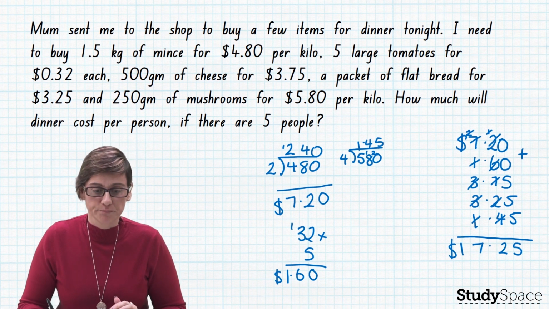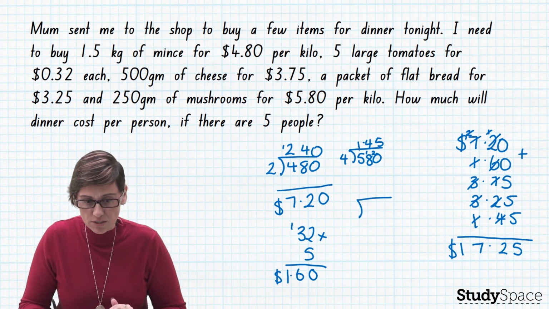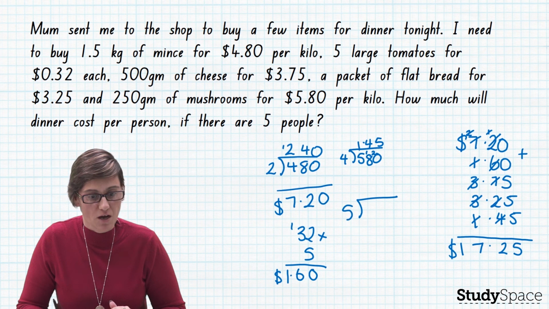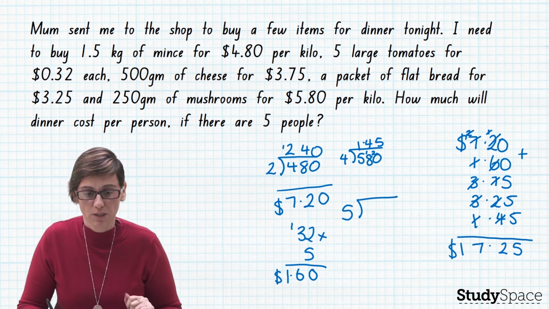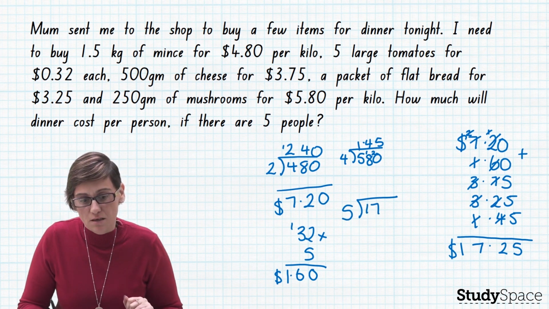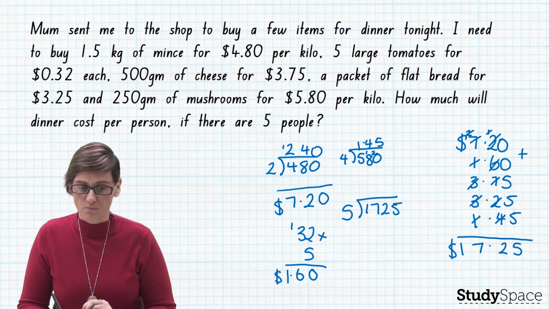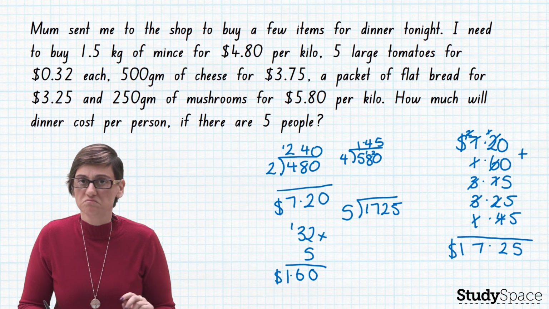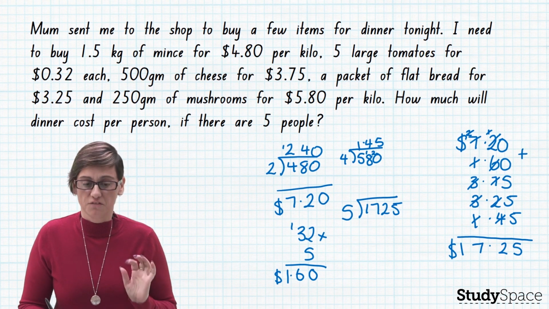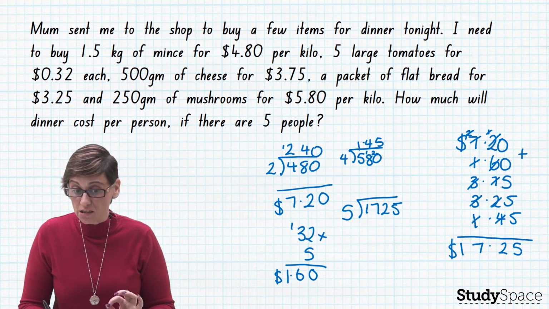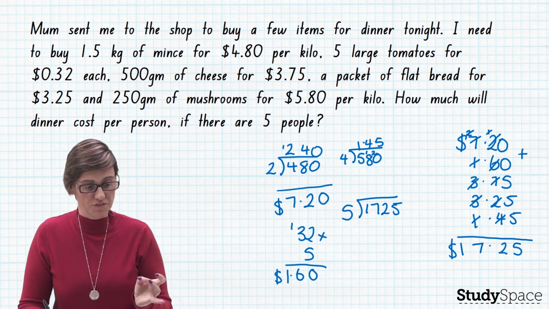So let's do another short division. So by 5 for my 5 people, and $17.25. So 5 goes into 1, doesn't. 5 into 17 goes 5, 10, 15, goes 3.